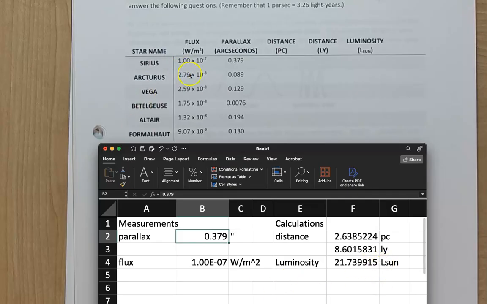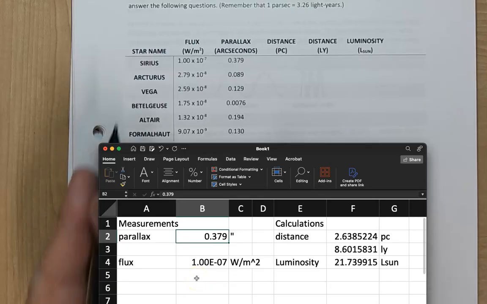Both for the flux and for the parallax, we've got three significant digits, right? For the fluxes and all of the parallaxes, we have 3 significant digits. Well, no, I guess actually we don't. This one is 2 significant digits and that one is 2. So I guess we'll have to round differently there. But for Sirius, we're going to round to 3 significant digits.